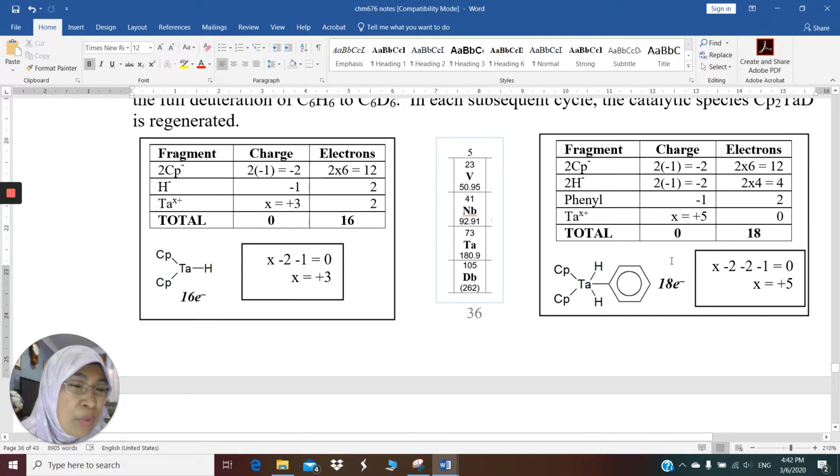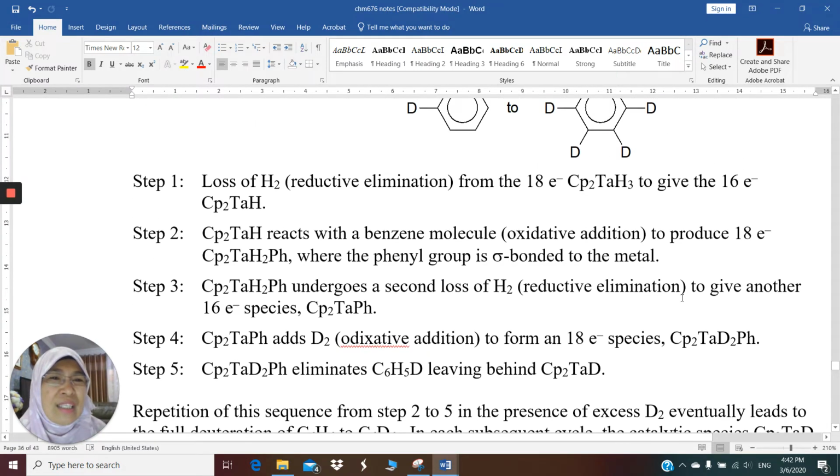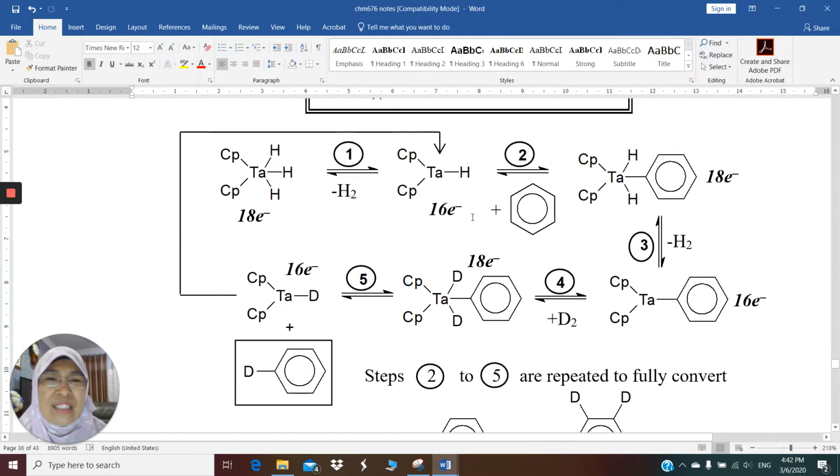For the tantalum, you go through the exact same calculation, so x, the oxidation number of tantalum in this case, is +5. With all the 5d electrons lost in the tantalum, you get 0 d electrons. So you count those electrons, you get 18. That is how we get the 16 electrons here and the 18 electrons there.